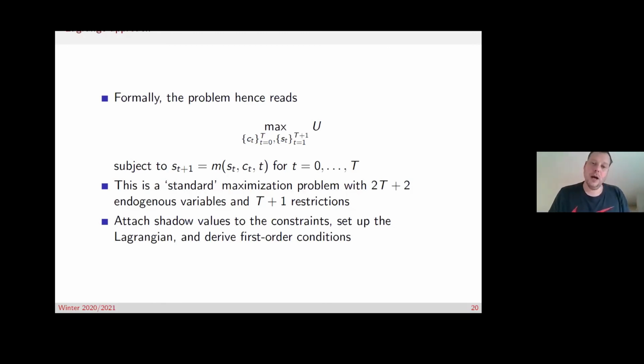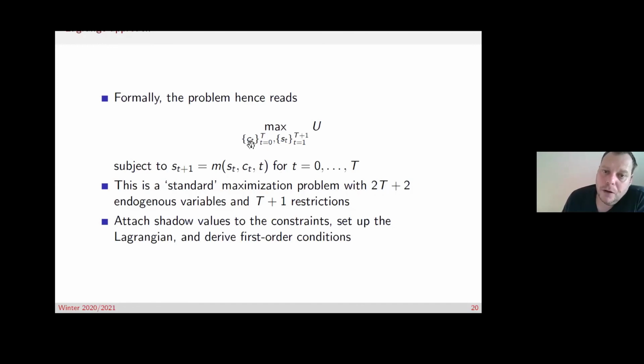So you have 2 times capital T plus 2 endogenous variables, all the controls and all the future states, and you have T plus 1 restrictions. So this is the restriction that you have to consider every point in time. Why is it 2 times capital T plus 2?